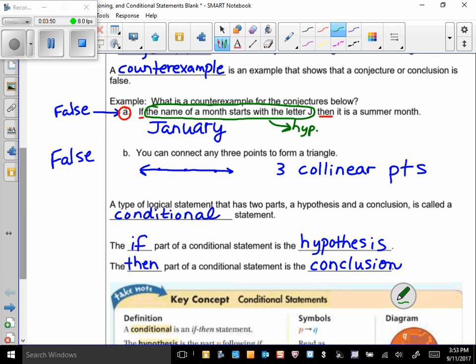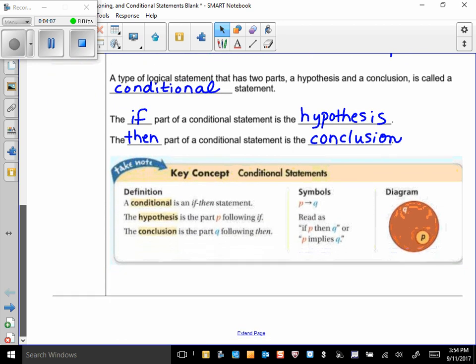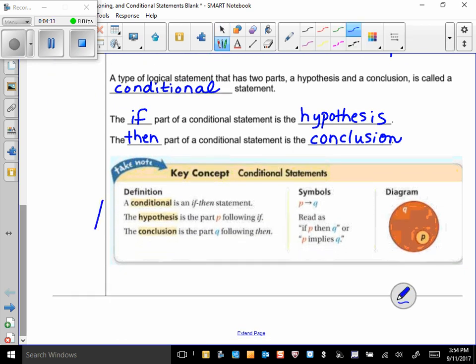I'm going to abbreviate that. And everything after the then is the conclusion. So you better remember this. The hypothesis comes after if, does not include if, and the conclusion comes after then, but does not include the word then.